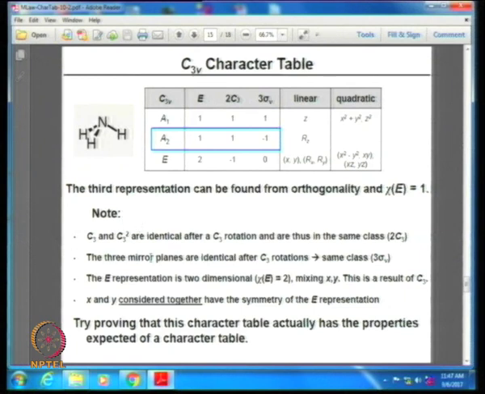Okay. So additionally says try proving that this character table actually has the properties expected of a character table, but that property is actually orthogonality, but you can check the column wise orthogonality as well. But what is important to note also is that under the class A1, the property of Z and property of x square, y square, z square is captured.